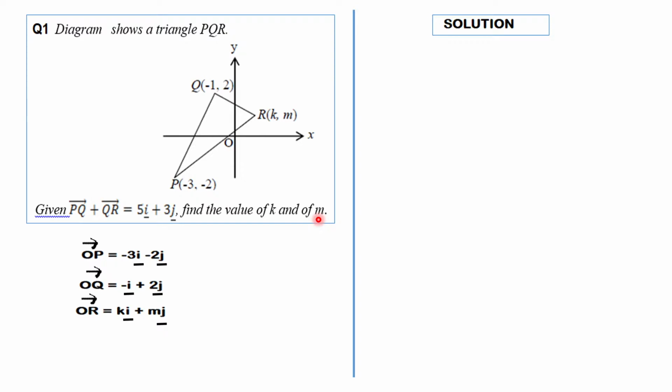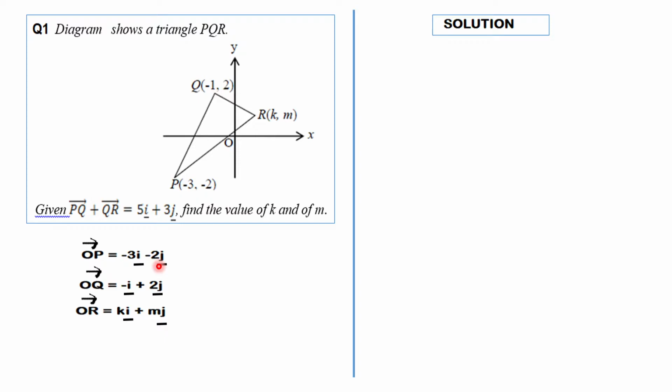So based on the given coordinates, you can form vectors OP, OQ and OR. If you look at the first vector OP, how do you get it? Just refer to the coordinate. If coordinate P is given as (-3, -2), therefore the position vector of point P will be OP equals -3i minus 2j.